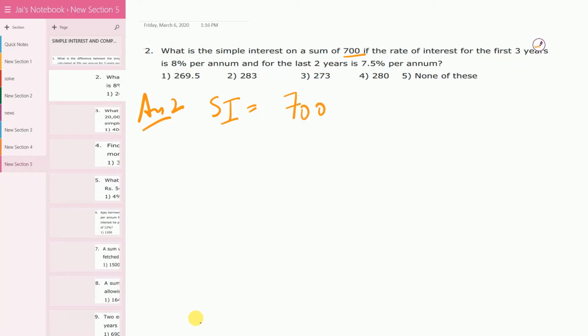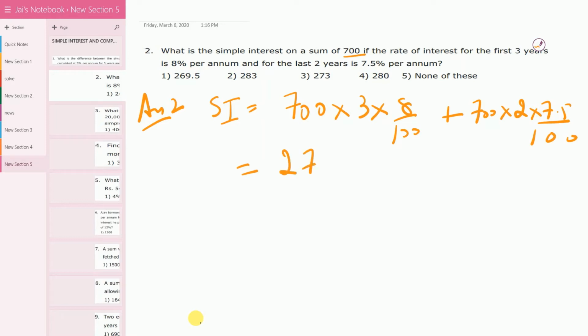This can be done by 700 into 3 into the rate of interest, 8% per annum, and then for the last 2 years, only the rate of interest changes, upon 100. So you can calculate this value and it will come out to be around 273 rupees. So option C is the right answer. Just simply put the values. This question has nothing special in it.